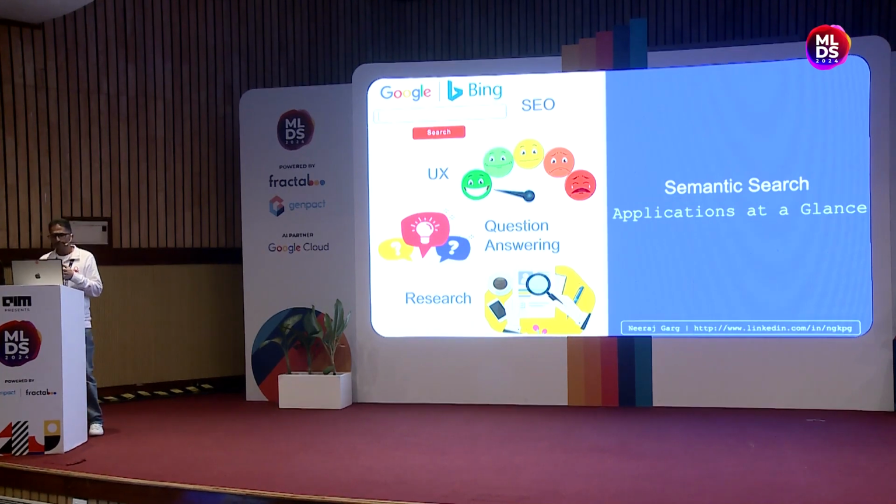It can also be used to elevate customer experience across websites and apps. We will actually talk about these two applications in a bit more detail shortly. There are other applications of semantic search, of course, like answering questions or research, or even something like monitoring the competition.